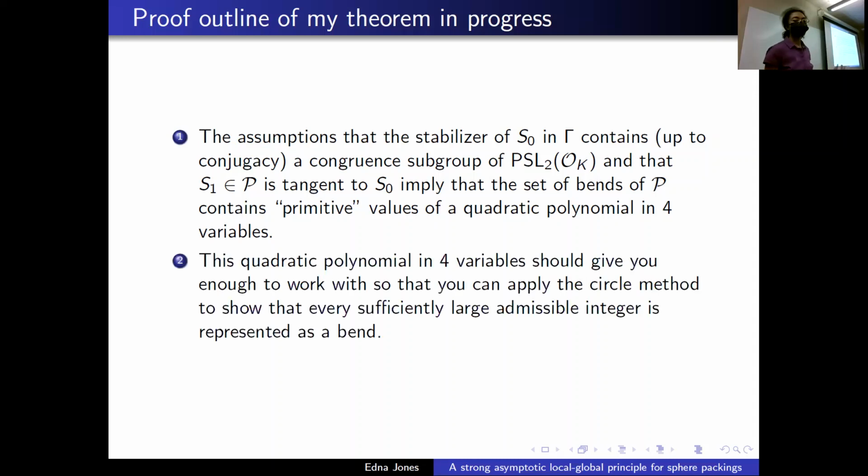This quadratic polynomial in 4 variables should give you enough to work with, so you can apply the circle method to show that every sufficiently large admissible integer is represented as a bend. I'm going to go into more details of this proof.